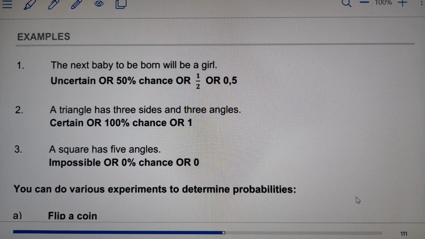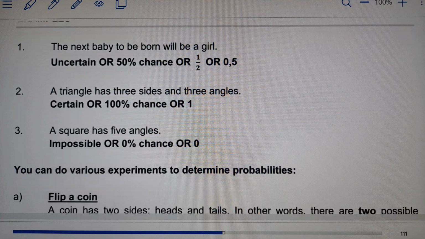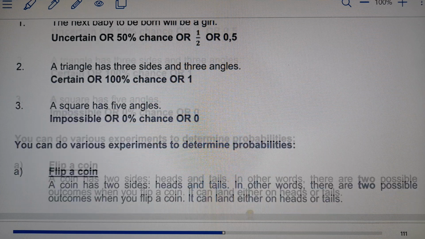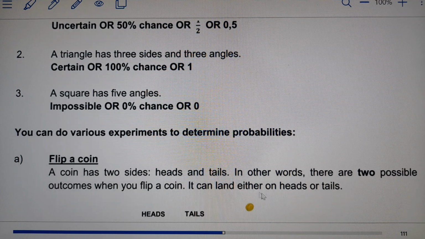Let's look at flipping a coin. For example, a coin has got 2 sides, a head and a tail. In other words, there are 2 possible outcomes when you flip a coin. It can either land on heads or tails.